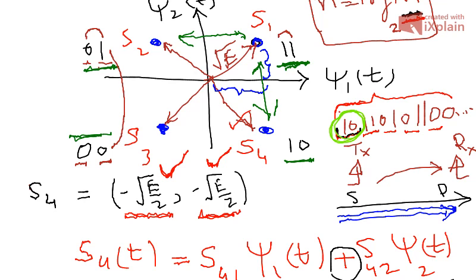So if S1 is misdetected, it would be detected as either S2 or S4. That would cause a symbol error, and even then, we have just 1 bit error.